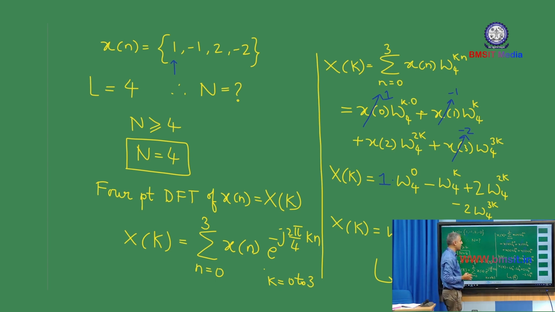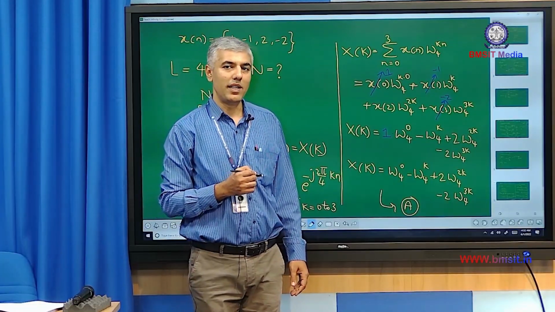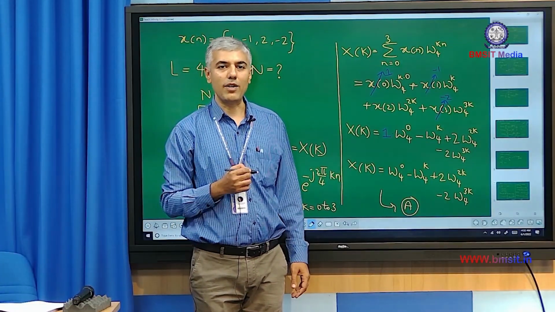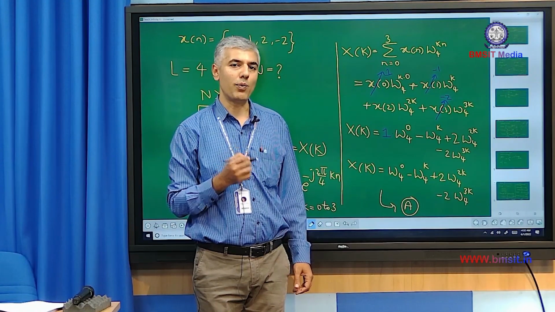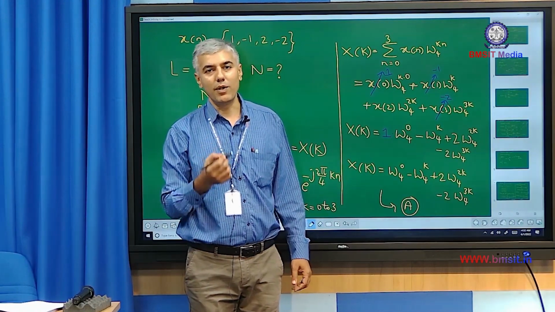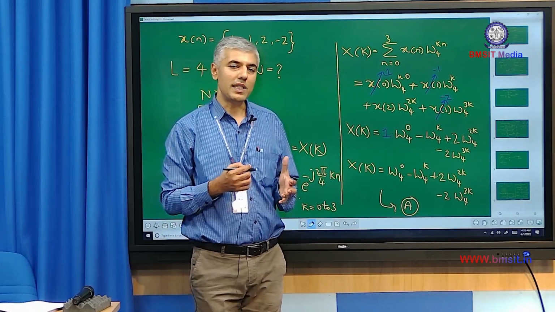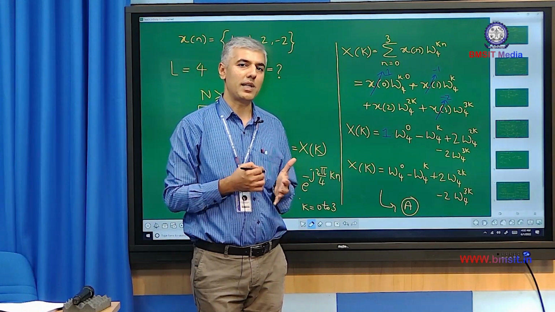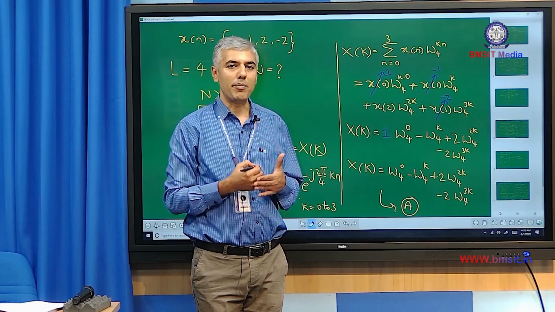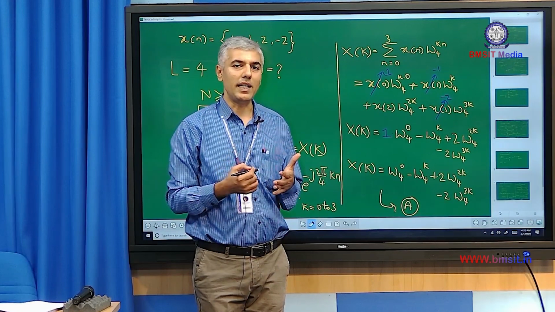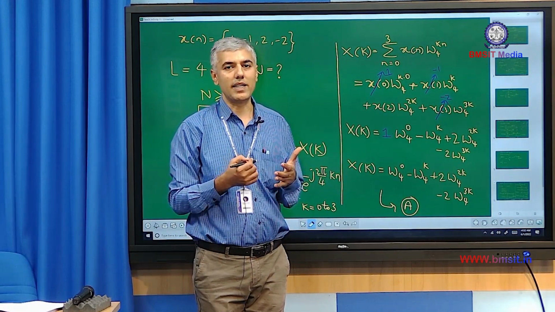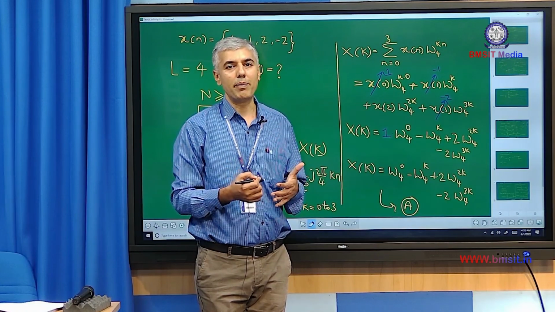So if you substitute k equal to 0 in equation A, you will get a different value. If you substitute k equal to 1 in this expression, you will correspondingly get a different value. We will continue this solution to this particular example by studying the twiddle factors in a bit of detail.